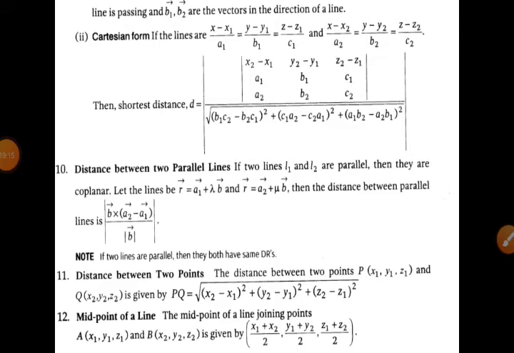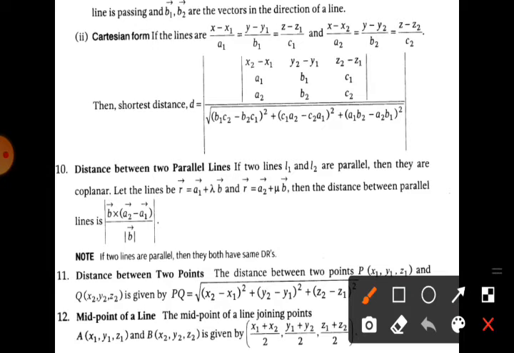Cartesian form of the lines are x minus x1 by a1, y minus y1 by b1, z minus z1 by c1. The other line is x minus x2 by a2, y minus y2 by b2 is equal to z minus z2 by c2.